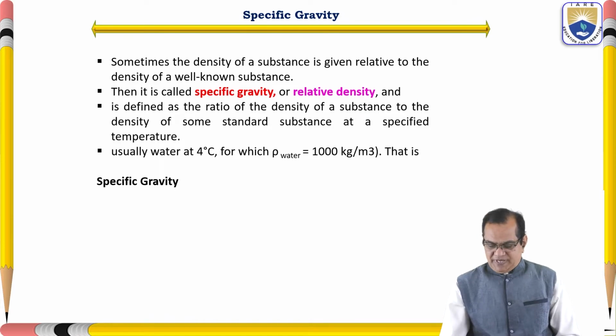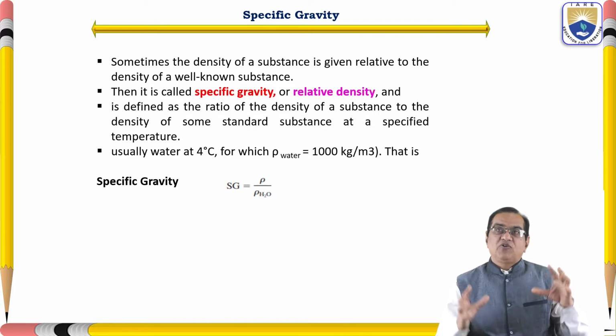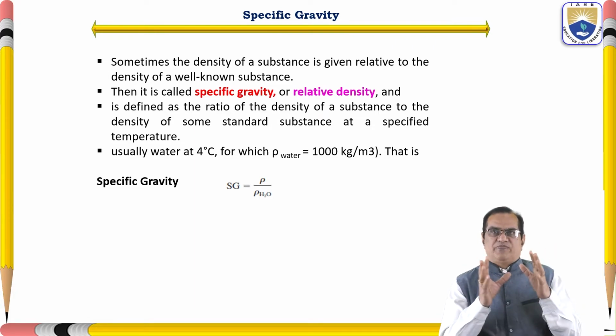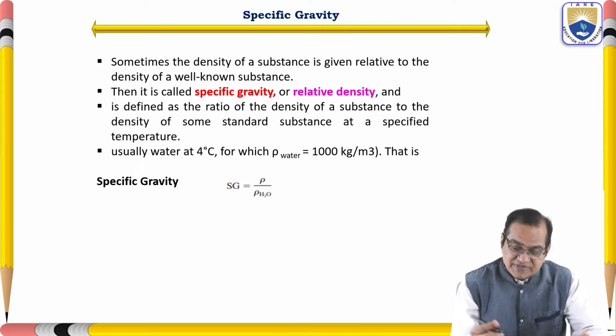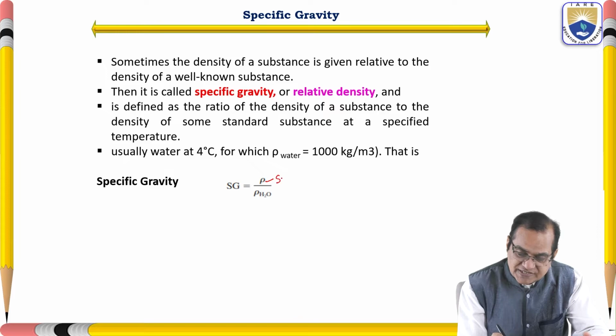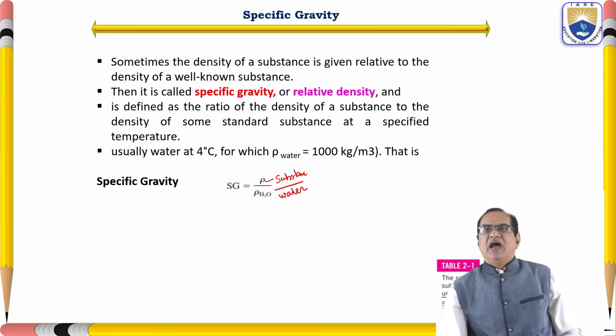So specific gravity we can write as rho by rho H2O. If you want to compare with water, the specific gravity will be rho, the density of that substance, divided by the density of the water. So in this way we can compare.